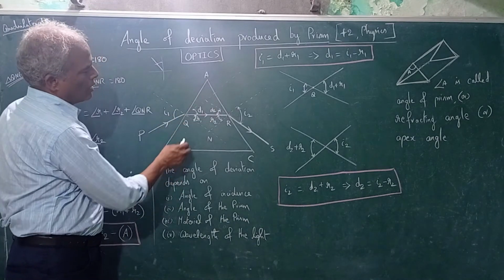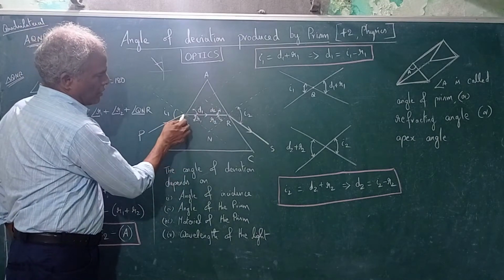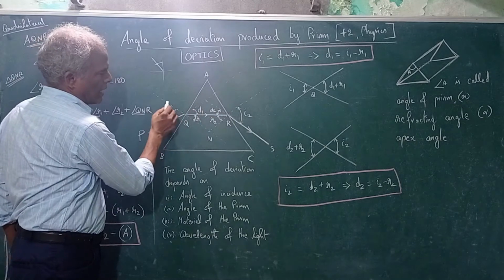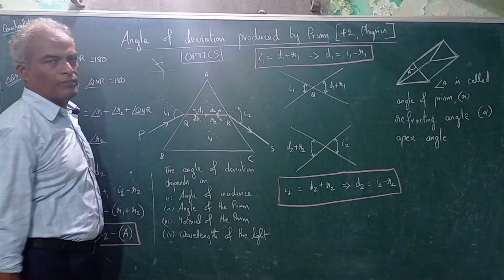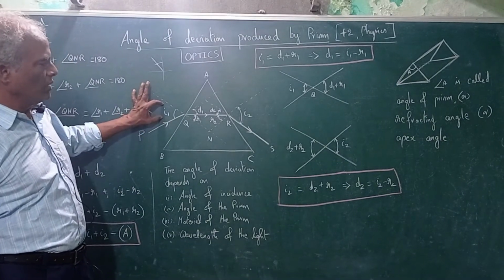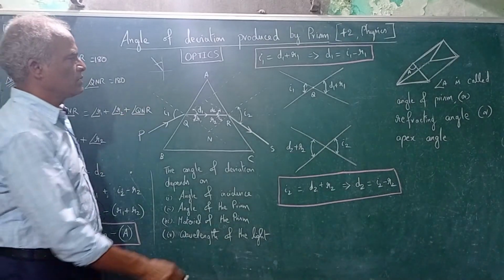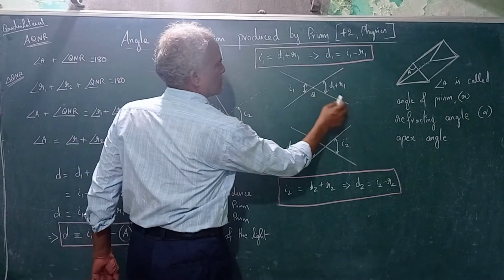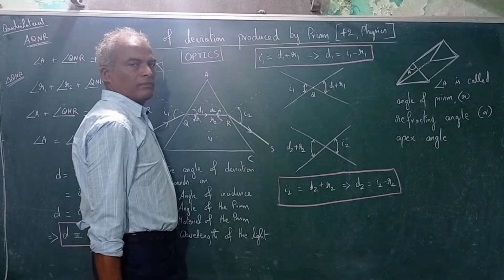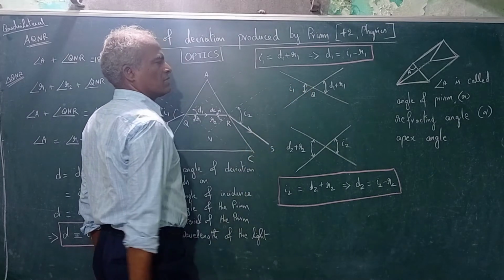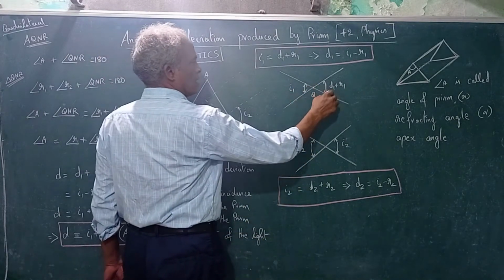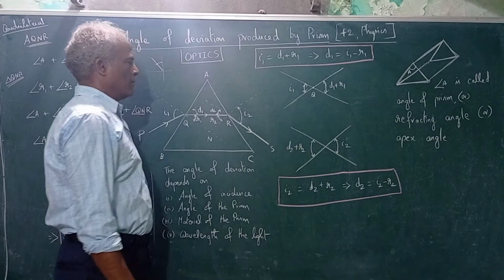Now if we draw this line and this line, this is the normal, and this angle is the angle of incidence I1, and this angle is D1 plus R1.